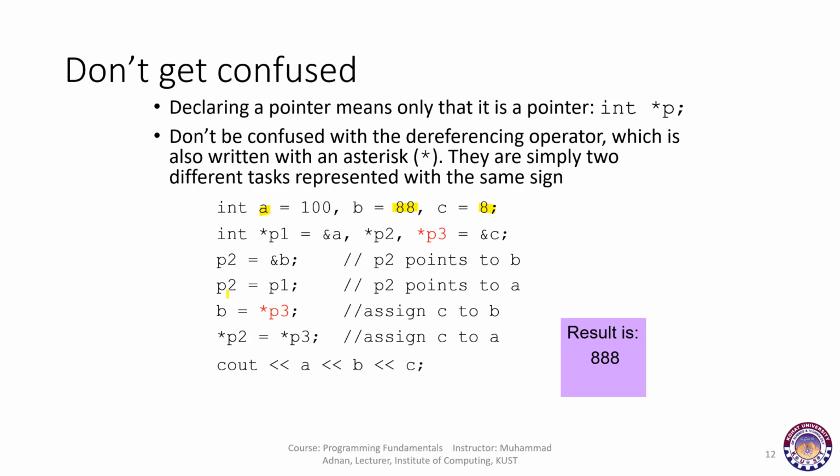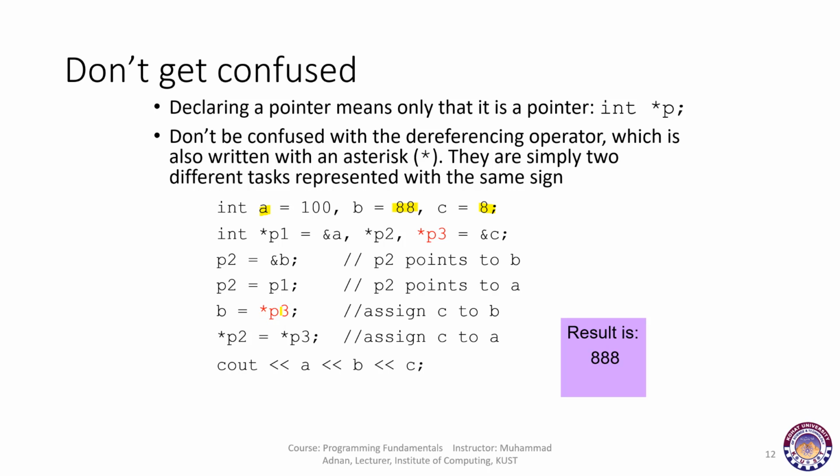Then what we do, we assign the address which is stored in P1 to P2. It means that P1 was pointing to A, so now that address is assigned to P2. So P2 now points to A. But if we write B equals asterisk P3, what does that mean?